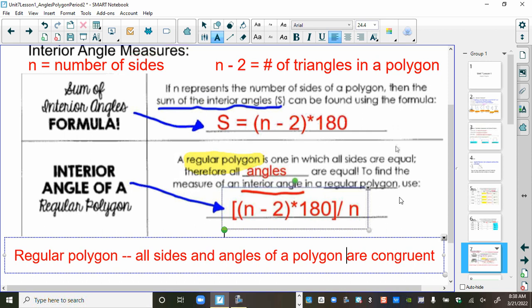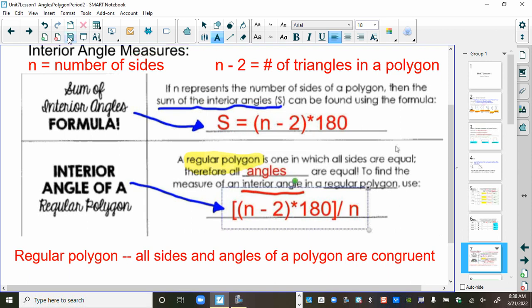All right, questions before we move on? Again, all you really need to know is the number of sides. Once you have that, everything else is just a plug in. You just have to figure out when we use what definition or what formula.